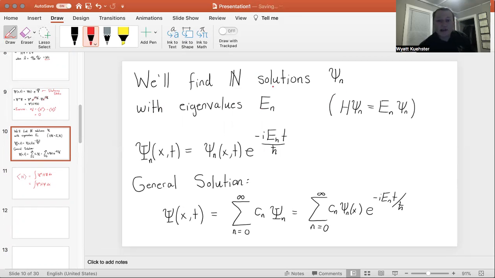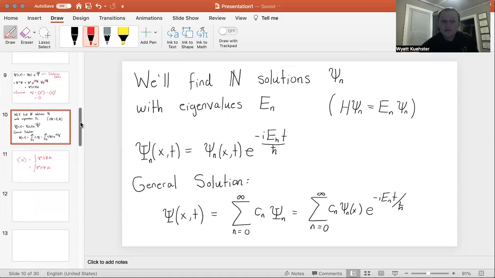They'll each have a distinct and discrete energy eigenvalue, and they'll satisfy this eigenvalue equation, H psi n equals E n psi n. That means we have n stationary states. Each of those we'll call capital psi n, the nth stationary state.